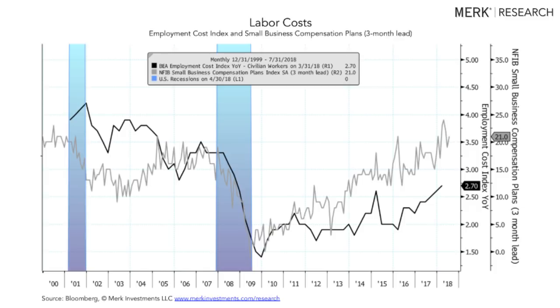But in any case, I've got the ECI in black here with the NFIB Small Business Compensation Plans Index in gray with a 3-month lead. That seems to be somewhat of a decent leading indicator for the Employment Cost Index, and that suggests this continued trend higher. So that, if anything, might add to some inflation pressure as this business cycle continues.